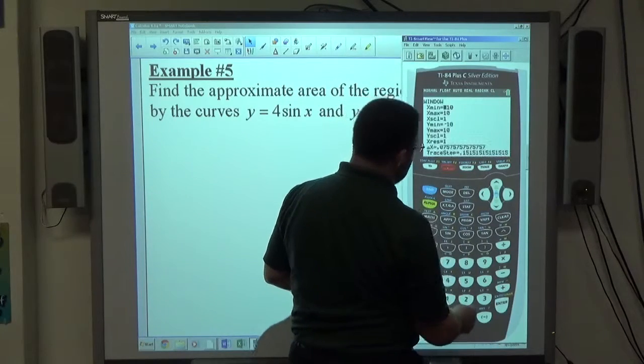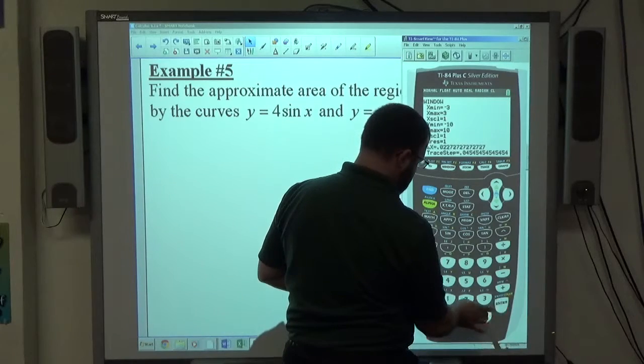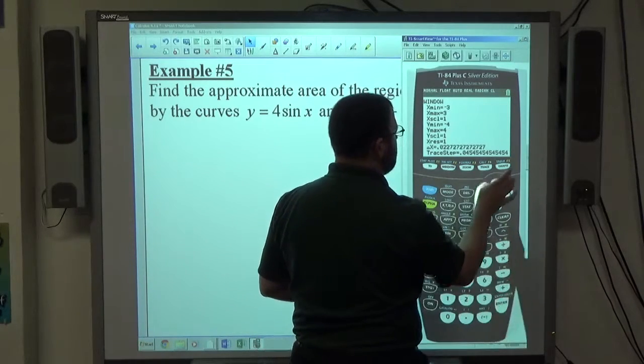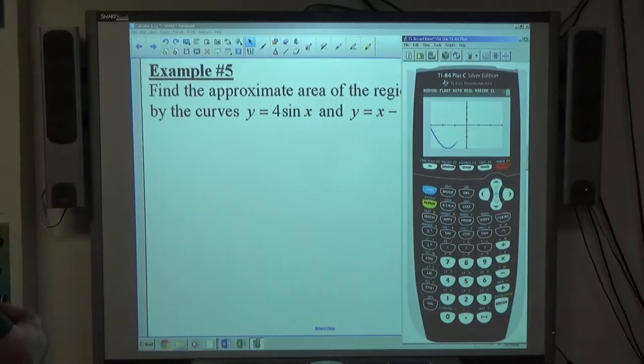So if I just zoom in, -3 to 3 and -4 to 4, here's my 4 sine of x again, and there's x minus 1. So everything we need to see is right there.